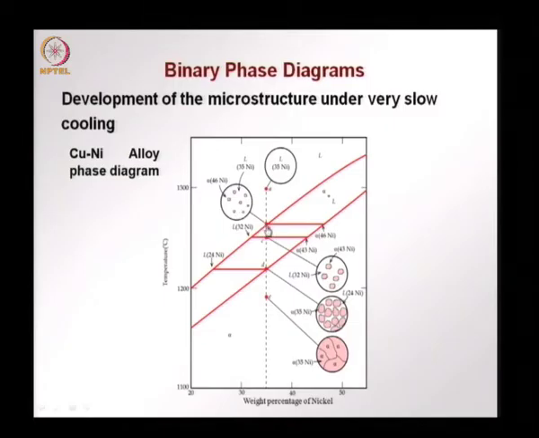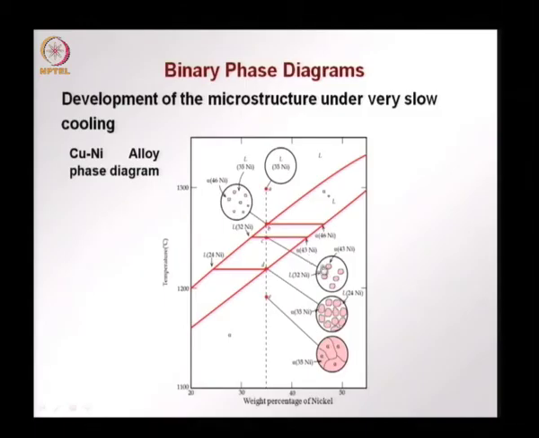Now, the temperature drops further, again slowly we reach say this point denoted by C, and to find out how the microstructure is developed when this point is reached, we draw another tie line. On the left we have the tie line meeting the liquidus line at a liquid composition of 32% nickel, and on the right we have the tie line meeting the solidus line at a point corresponding to 43% nickel.